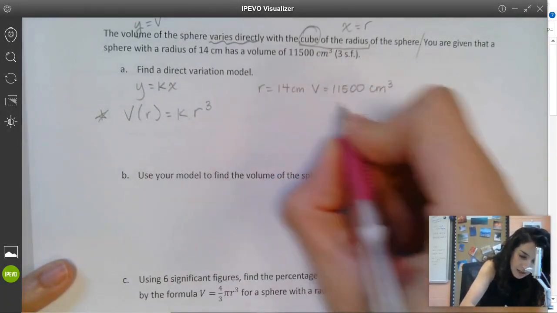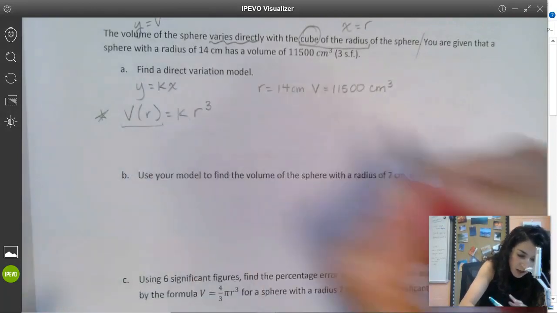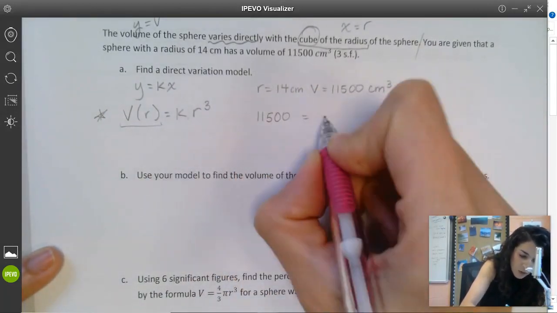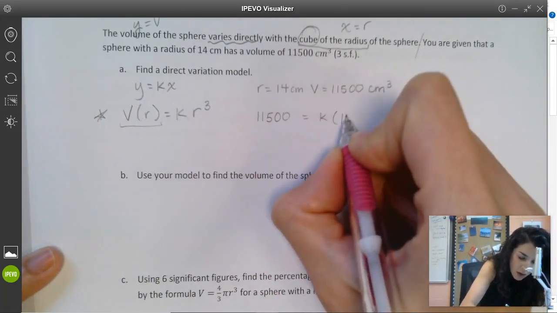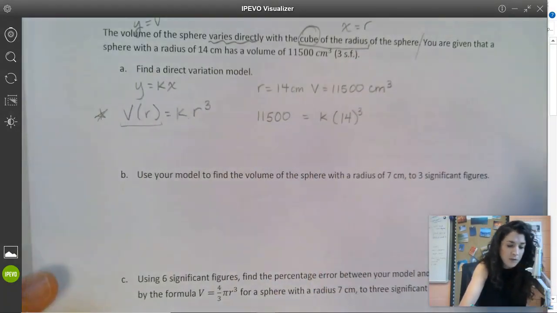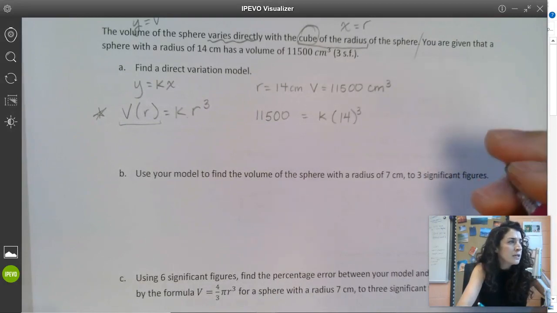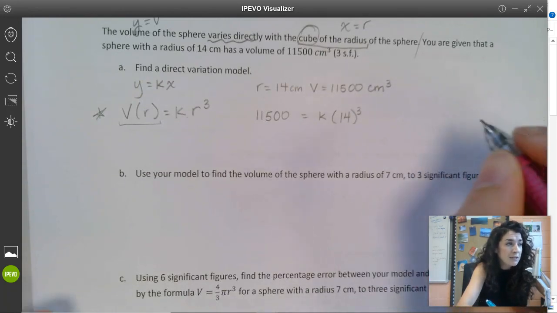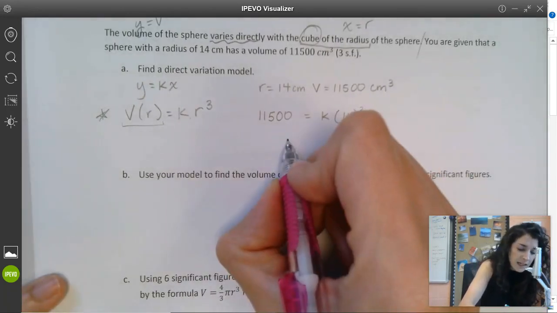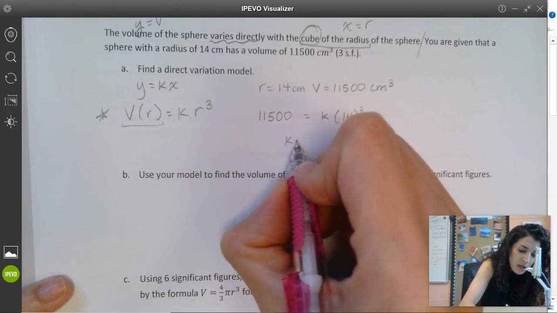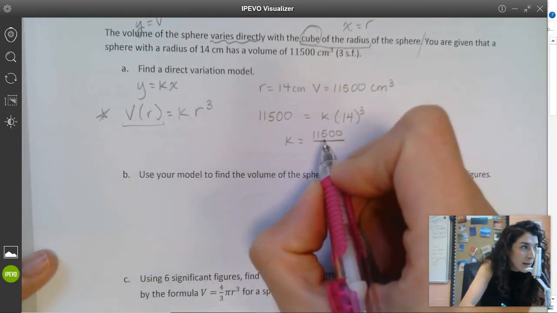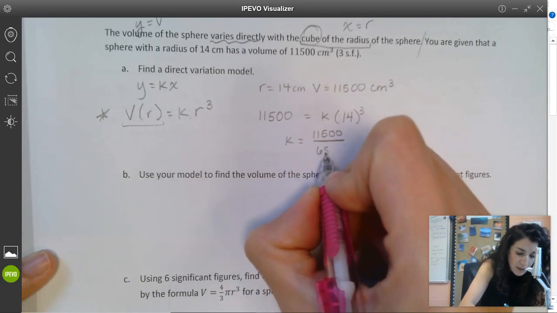Plugging in this for our volume, V of r is our volume, 11500 equals k times our radius cubed. 14 cubed is something super large, 2,744. We divide both sides by that, and it gets us probably to a decimal, but I'm going to encourage you to leave these guys in fraction form as much as possible.